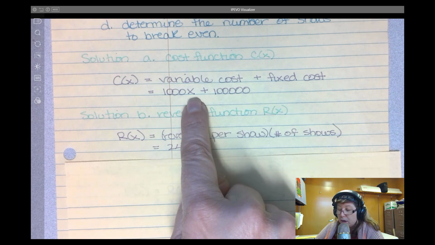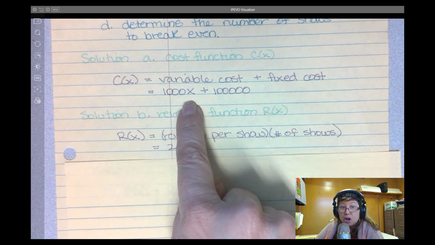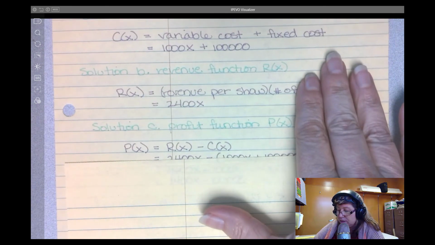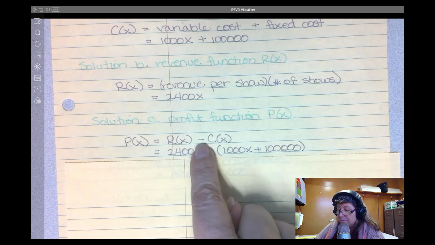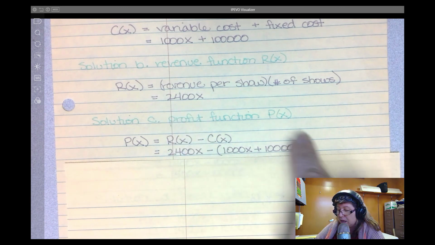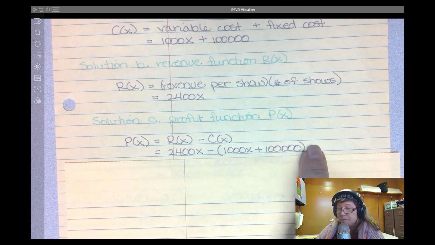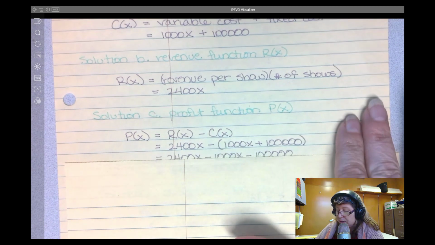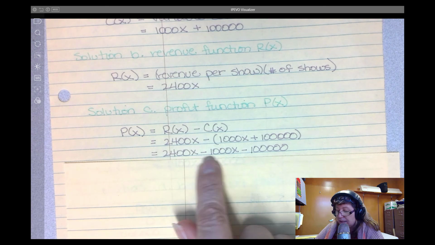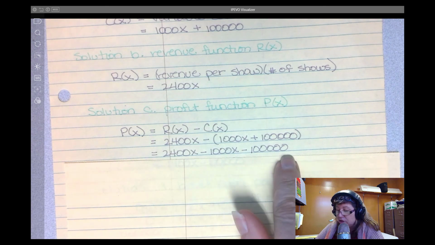Now if you remember, our profit function was our revenue minus our cost. So let's throw that in there. Revenue, 2,400X, minus our cost. Keep in mind, it's the whole entire cost function. I am going to distribute this negative through, and I get 2,400X minus 1,000X minus 100,000.